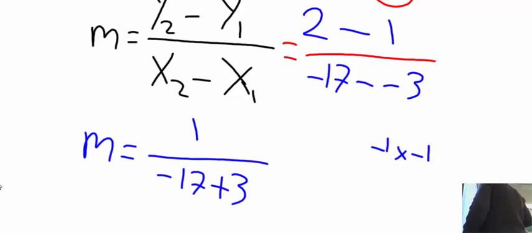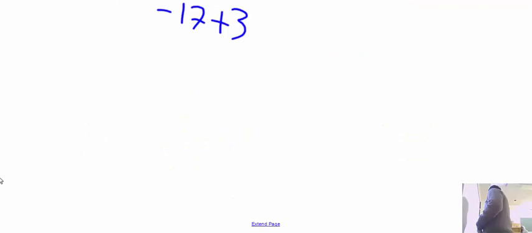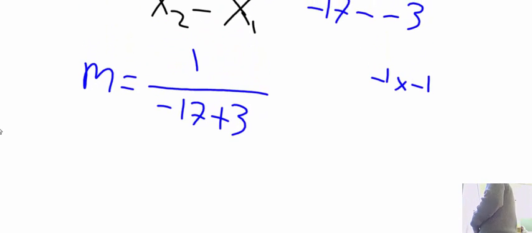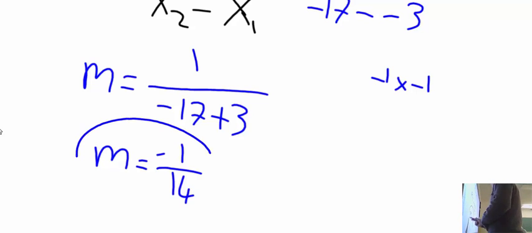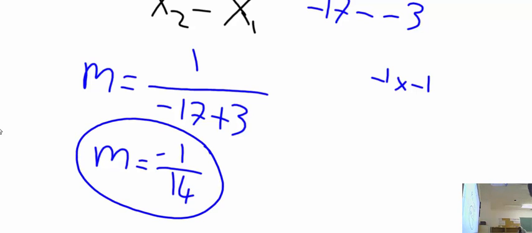Now the question turns into minus 17 plus 3, so m equals 1 divided by 14, and the negative sign goes up. In this case, we find out the slope. That's your first job to do with all the questions: find out the slope.